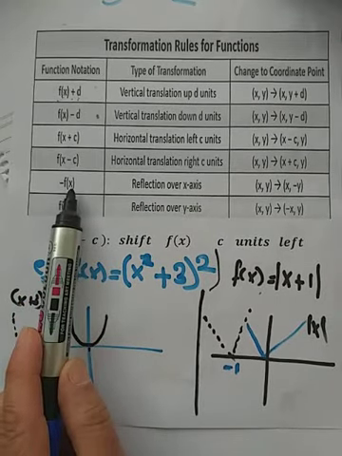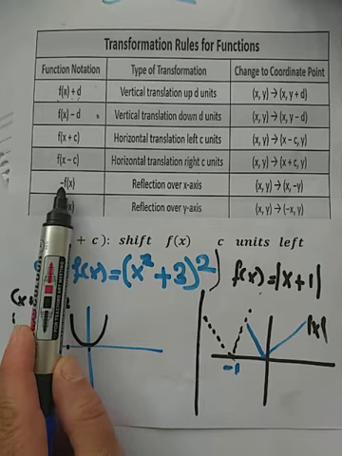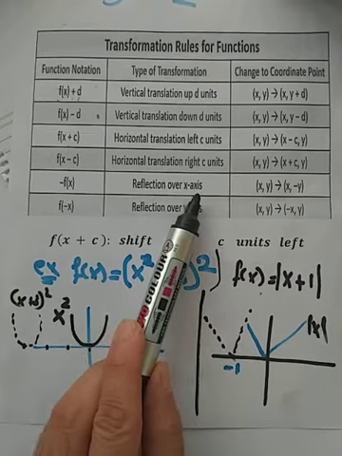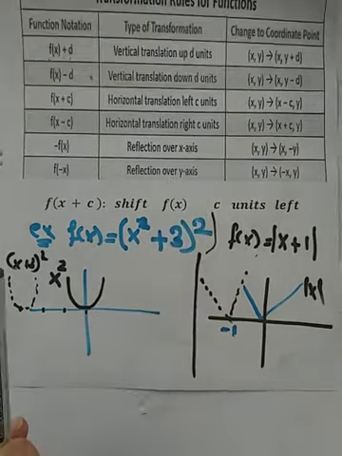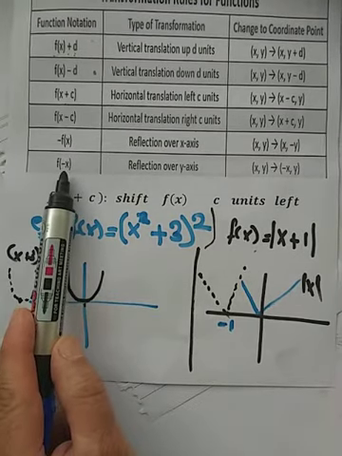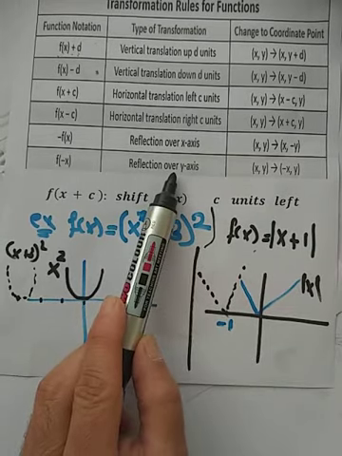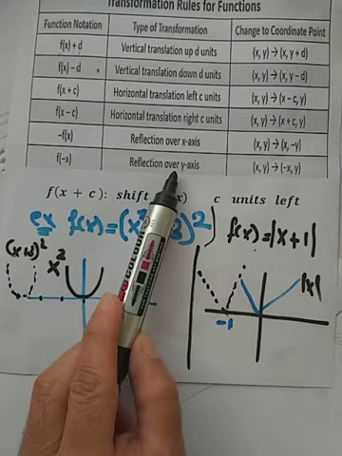If you have f of x and a minus outside the bracket, then reflect about the x-axis. And if you have a negative inside the bracket, then reflection about the y-axis.